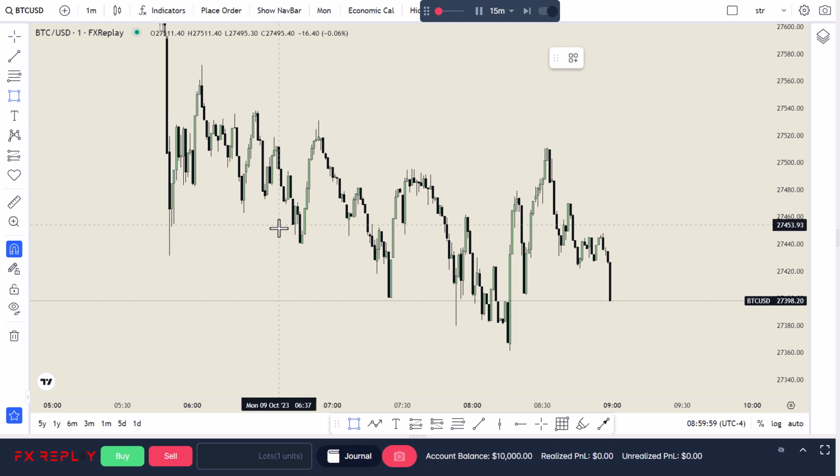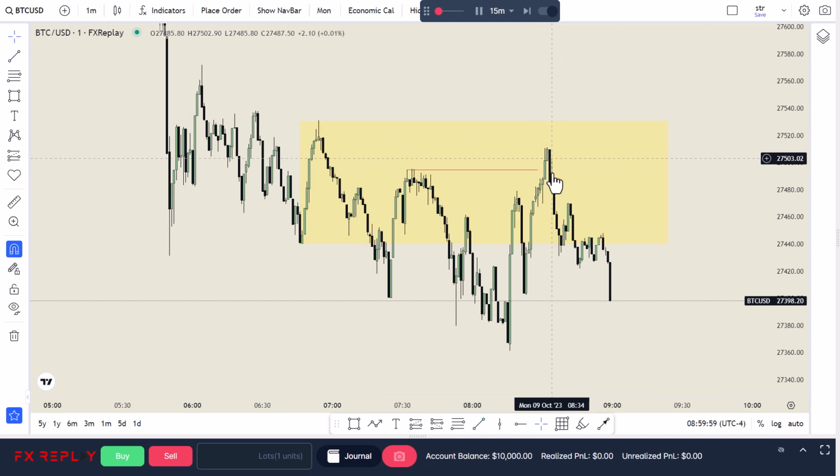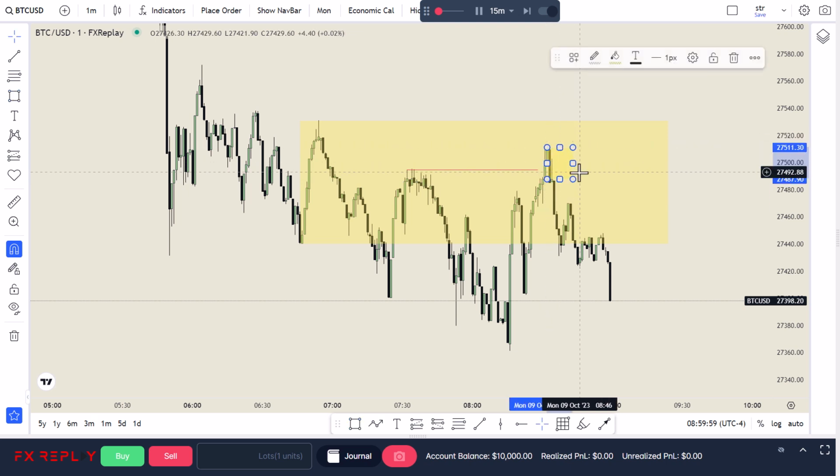As you can see, we already have a nice setup right here. We have this zone. Price swept these lows or highs right here, and then it reversed here with this candle.